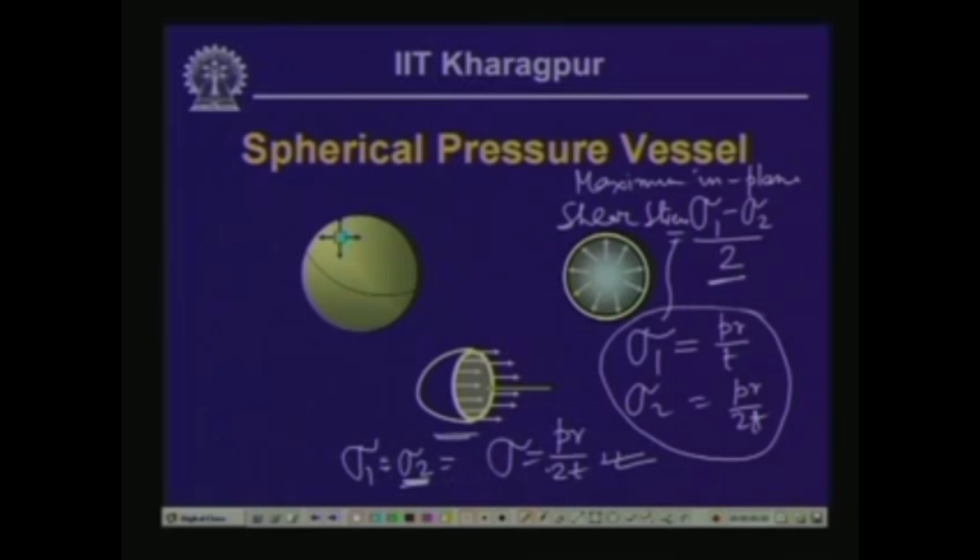Now, in this particular case, since both sigma 1 and sigma 2, or sigma x and sigma y, are the same sigma, hence the value of the in plane shear stress in case of spherical vessel is 0. So, in plane shear stress in case of spherical vessel is equal to 0.